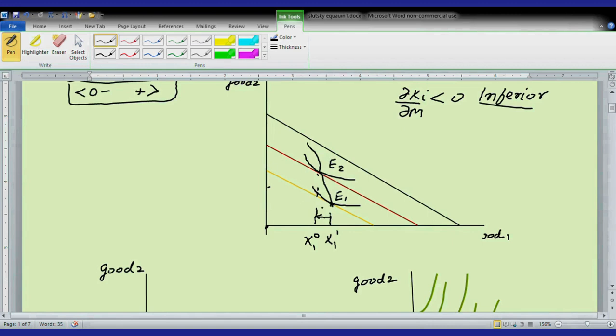Here we see that good 2's consumption is still increasing. When we move from point E1 to E2, consumption of good 1 has gone down, but consumption of good 2 has increased. So good 2 is normal and good 1 is inferior. So this is the case where one of the goods is normal, the other is inferior.